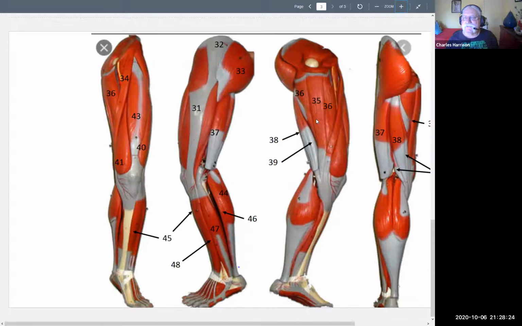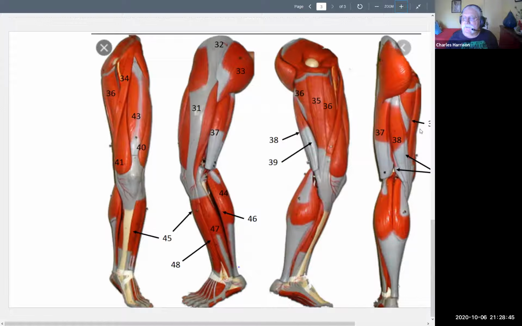Here's the gracilis, and on either side, running underneath it, are parts of the adductor magnus. It can also be called adductor femoris, but adductor magnus is the preferred human term.